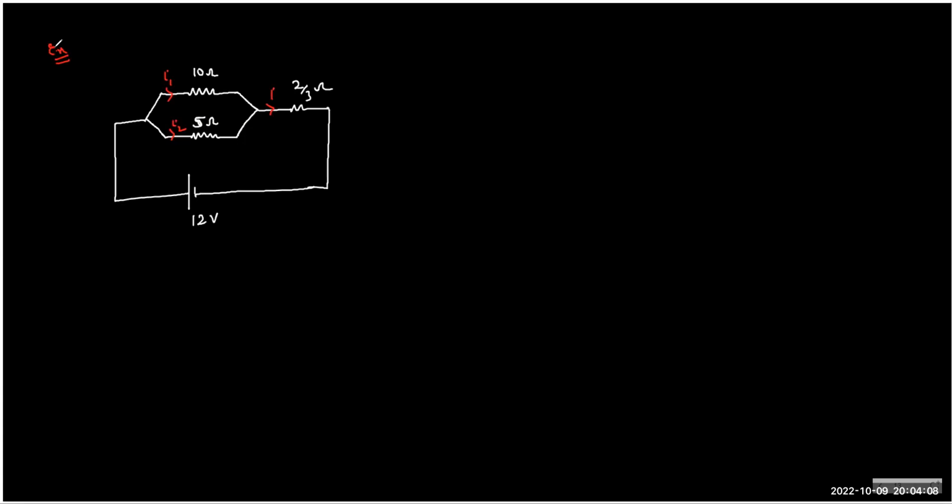So R equivalent is 4. What will be the current from the battery, the cell? 3. So 3 ampere will come like this. Now 3 will come at the junction and it will get 2 paths to divide. So the upper will get how much? 1 ampere, because it's 5 by 15, which is 1/3.